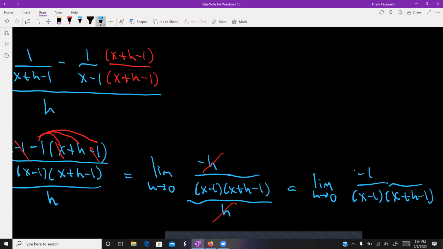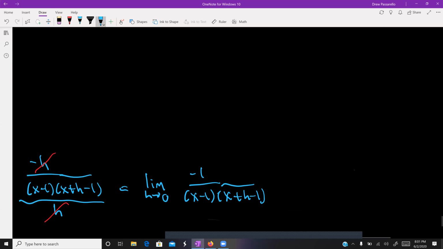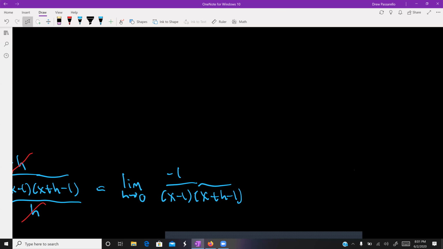Now I would go ahead and plug in 0 for h, since I'm not going to have any indeterminate forms. So plugging in 0 for h, that's going to make minus 1 divided by x minus 1 times, instead of x plus h minus 1, it's x plus 0 minus 1.